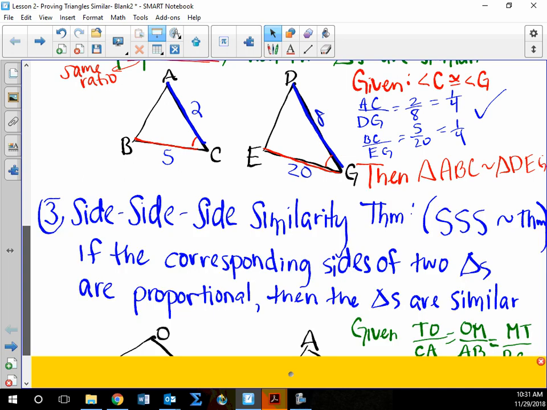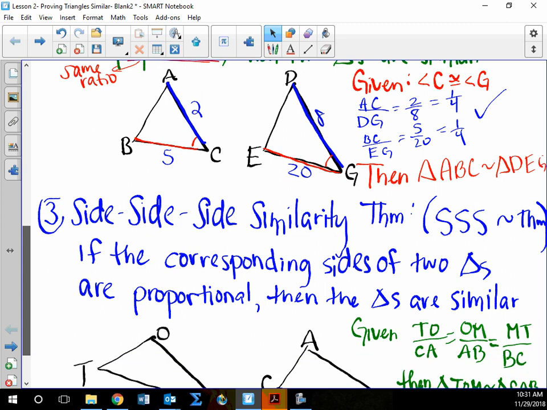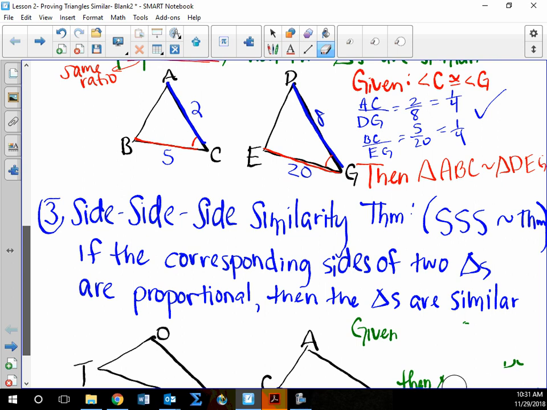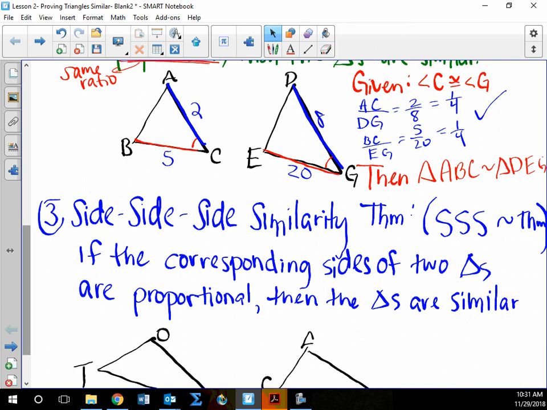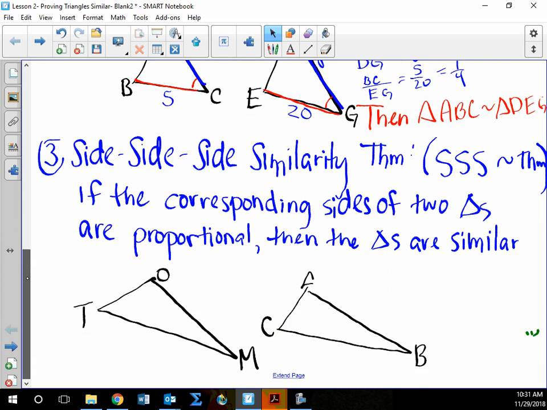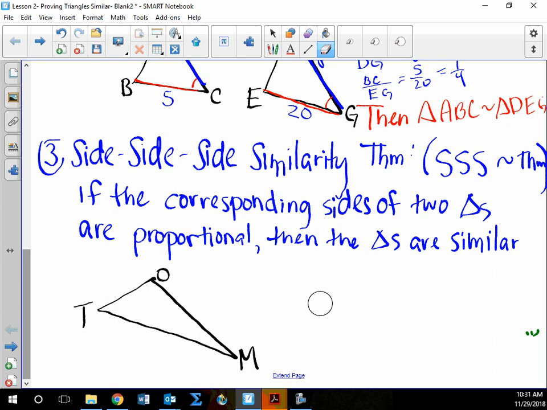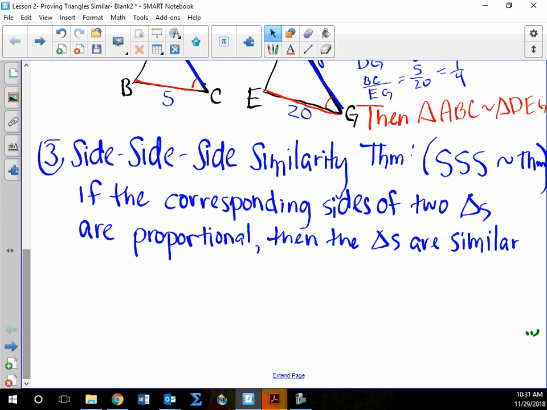So what we're checking this time is not that the sides are congruent, but that the sides are proportional. Alright, so for our side, side, side similarity there, what's different here, for our congruent triangles, we had to check that the sides were congruent.